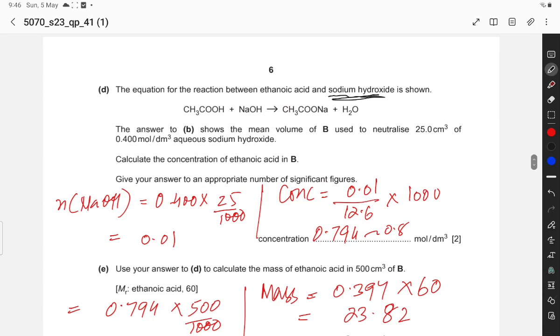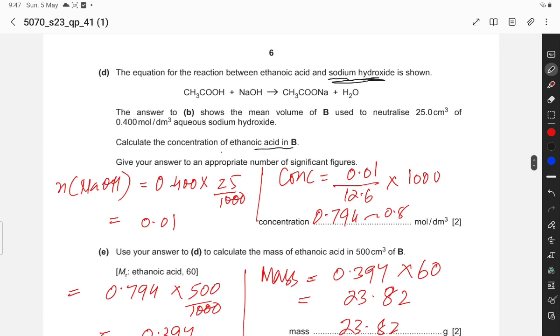So the answer to B shows the mean volume of B used to neutralize 25 cm³ of 0.400 mol per dm³ aqueous sodium hydroxide. Calculate the concentration of ethanoic acid in B. So the moles of sodium hydroxide is concentration into volume.